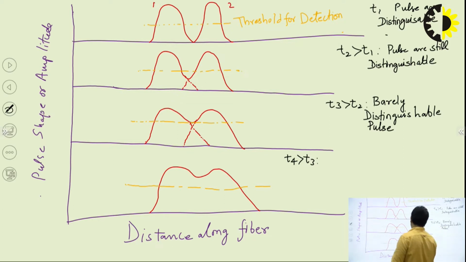That is called inter-symbol interference: it is not possible to distinguish between the pulses, or we can say they are indistinguishable pulses.